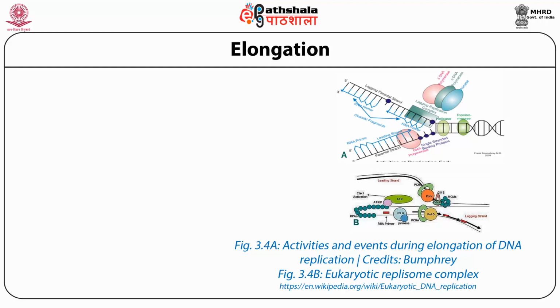When a series of Okazaki fragments have been synthesized, the proofreading exonuclease activity removes the RNA primer, and the gaps are filled by synthesis of new DNA strands. Ultimately, the single position gap between adjacent Okazaki fragments is sealed by DNA ligase.